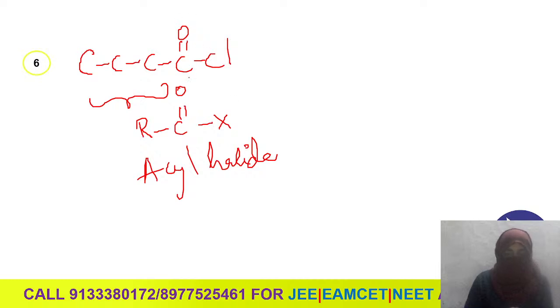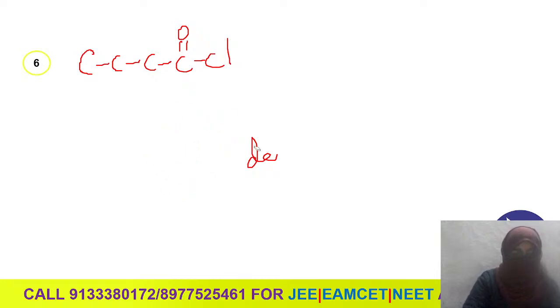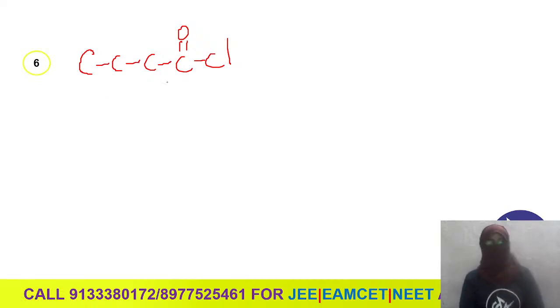Give numbering to the carbon. So we'll start numbering 1, 2, 3, 4. 4 carbons are there, means what will you write? But. 4 for but.